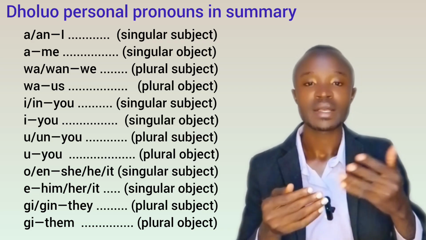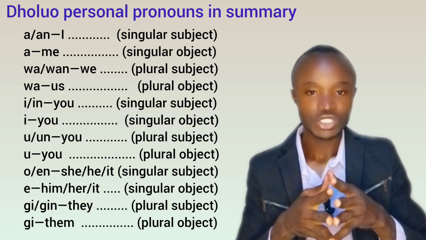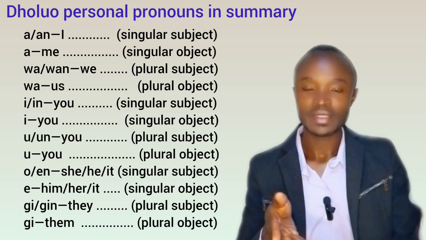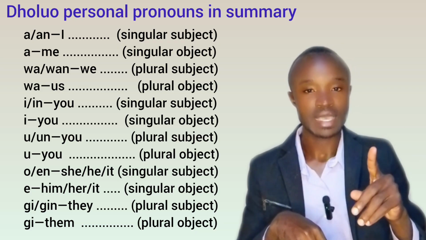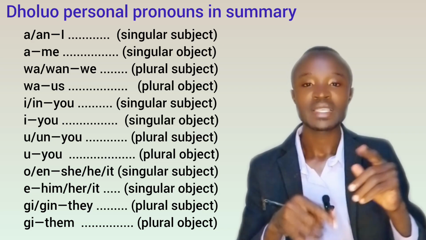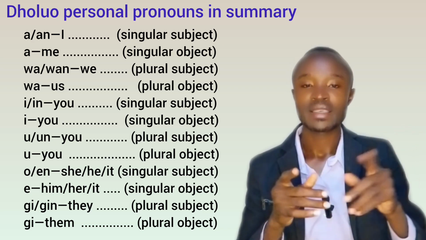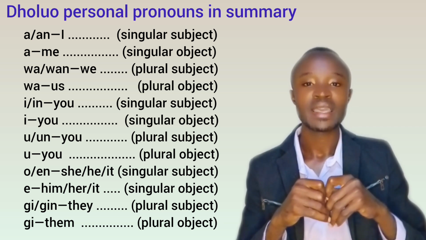O, n, she, he, it. That is the third person, personal pronoun, singular. Gi, stroke gin. Third person, personal pronoun, meaning they.